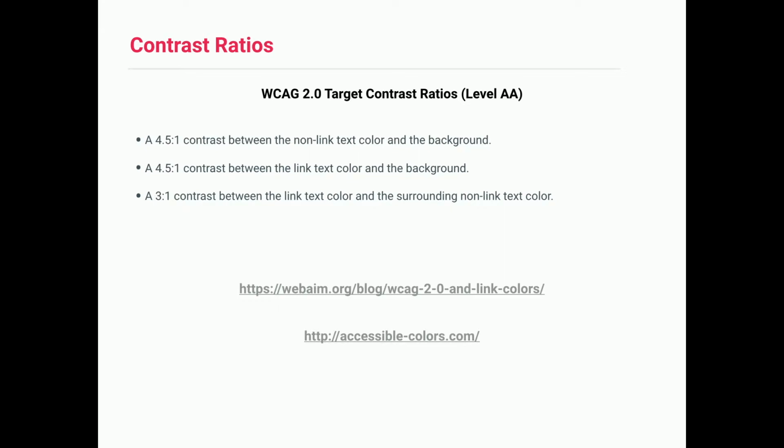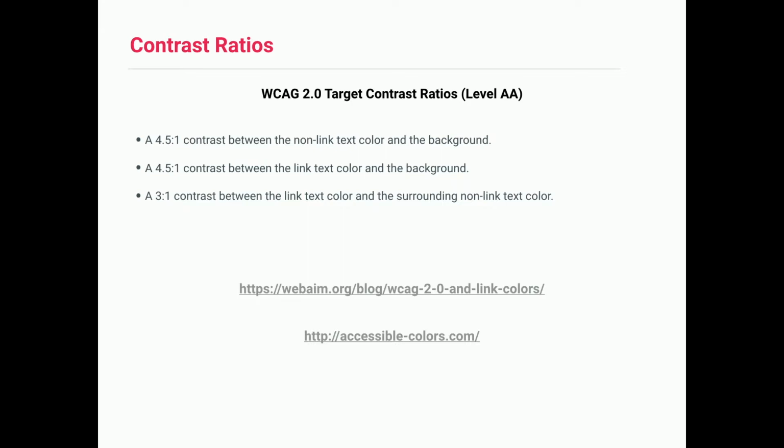But you need to check the ratios. I used to always use WebAIM, and WebAIM actually is an awesome resource, webaim.org. They do some great work, and there's a great post about their link colors. They do have a color checker there, but I actually like accessiblecolors.com a little better.